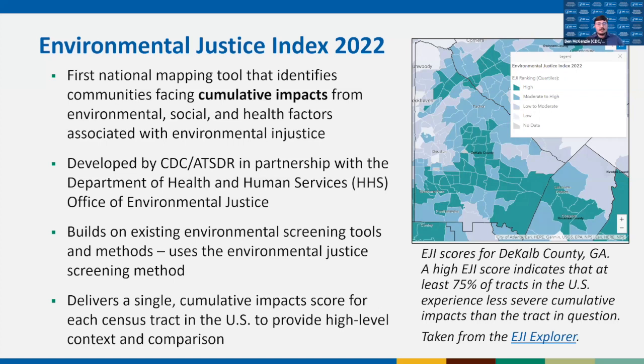I also want to mention the EJI builds on existing environmental justice and cumulative impact screening tools and methods, taking a framework that was actually developed at the state level, called the Environmental Justice Screening Method, and applying it nationally in response to calls for a nationwide approach to measuring and addressing the impacts of environment and injustice on health.